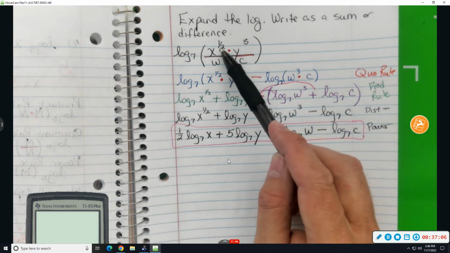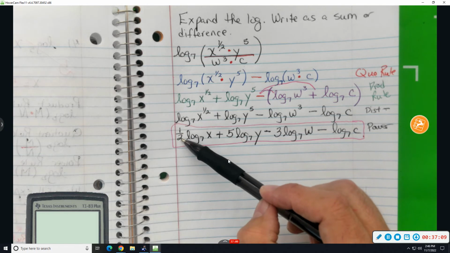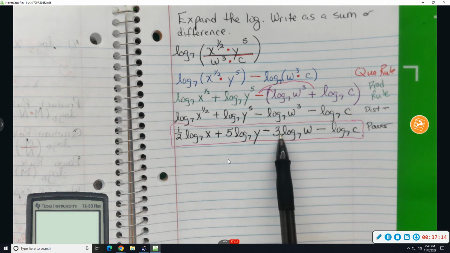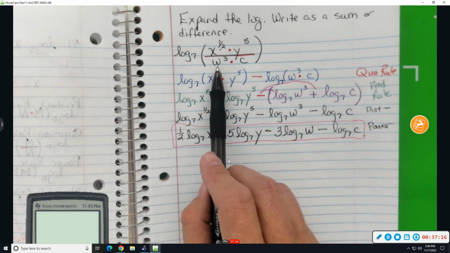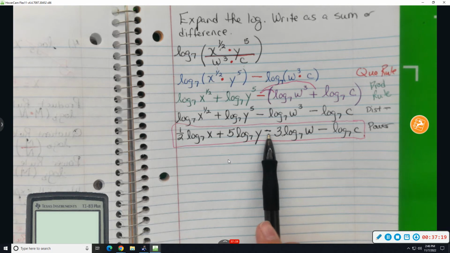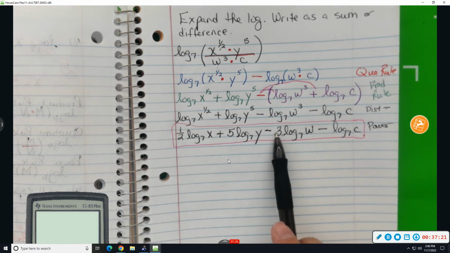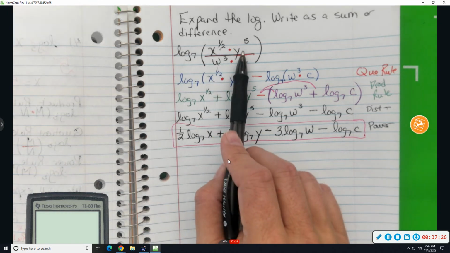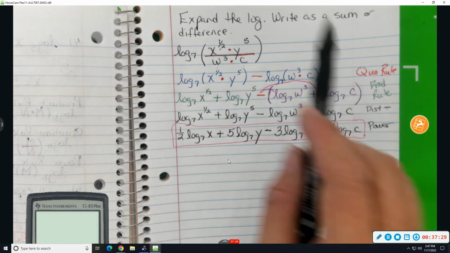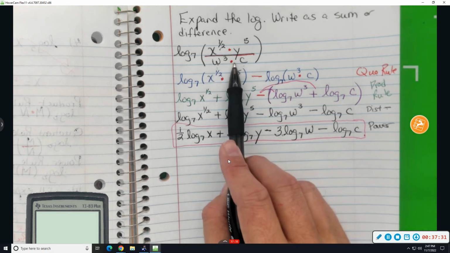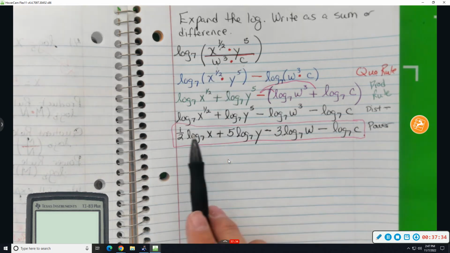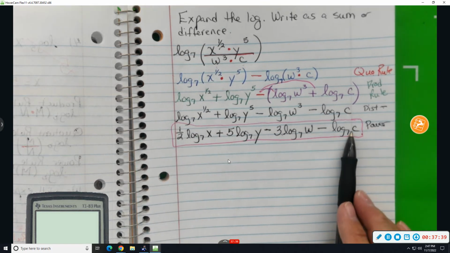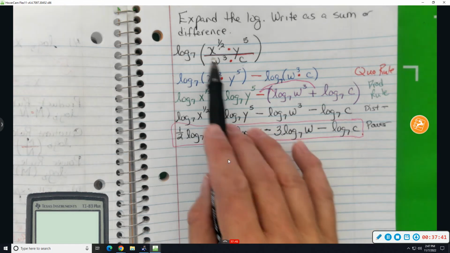The exponent goes in front of the letter L. Now, looking at the stuff on the bottom, the W and the C, what signs do they have in front? Well, minuses. The stuff on top has pluses in front of it. The stuff on the bottom has minuses in front of it. The exponents go in front of the letter L.